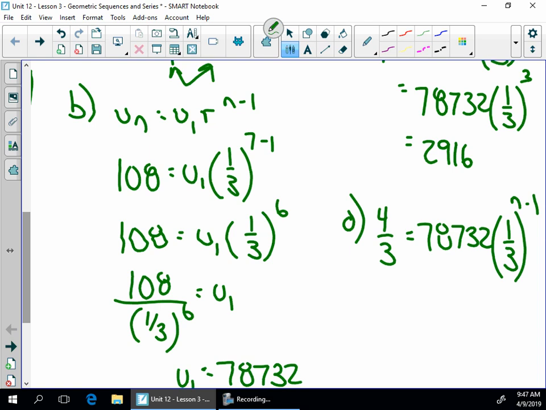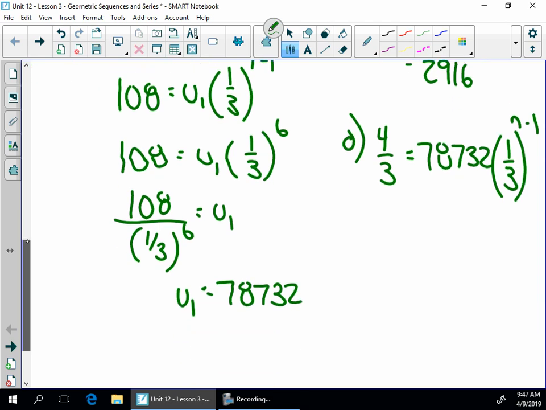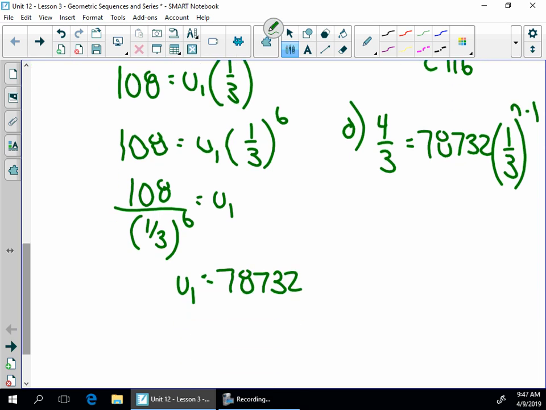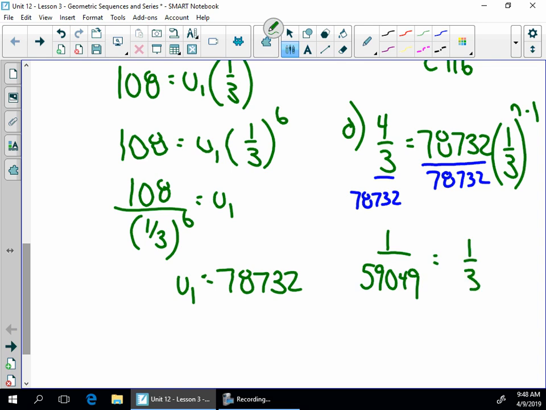Now, there's a couple ways of solving this. I'll talk about 3 of them, I guess. There's the algebraic way, where I'm going to divide out 78,732 and do the same thing over here, which gives you 1 over 59,049. I'm left with 1/3 to the n minus 1.